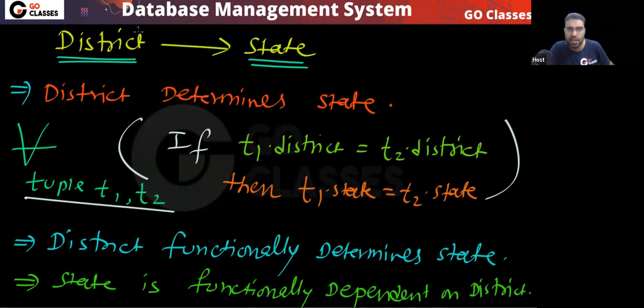You can see that if you know the value of district, then you can find out the value of state. So I can say state is functionally dependent on district.